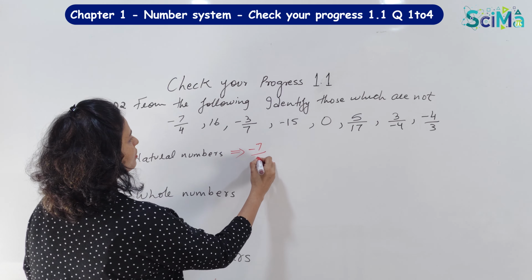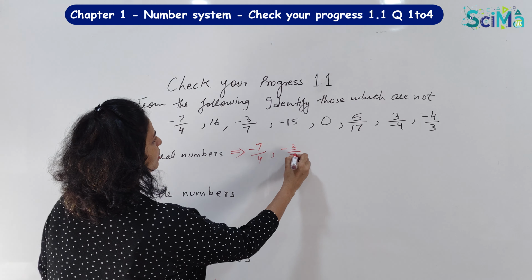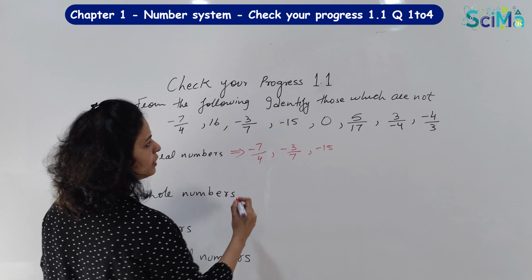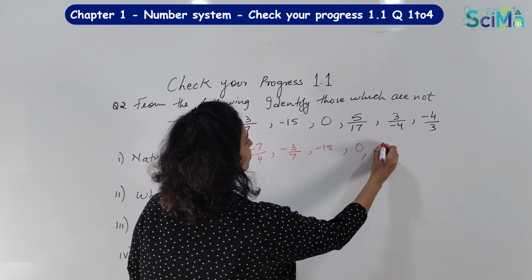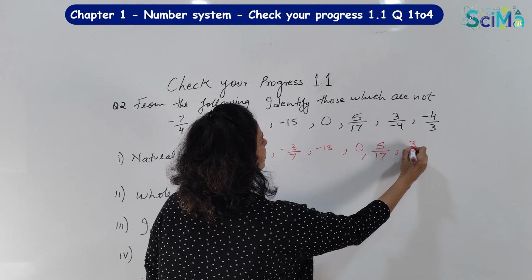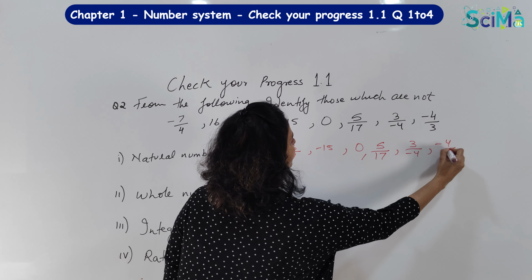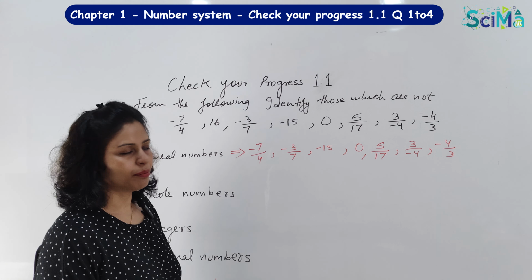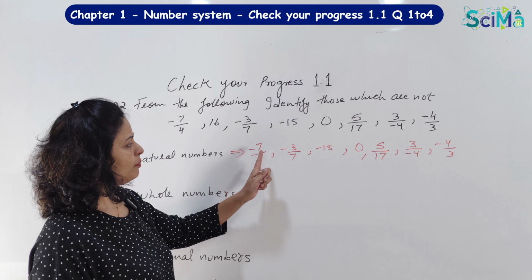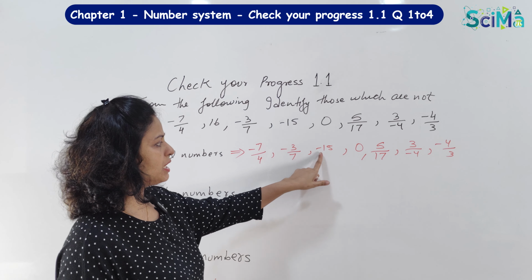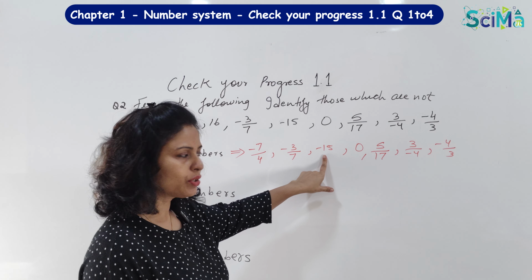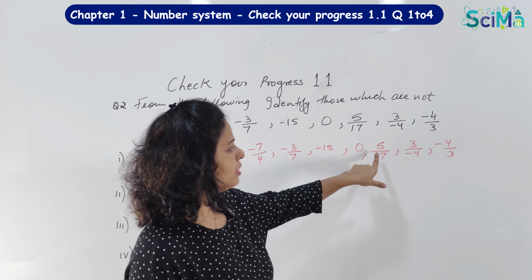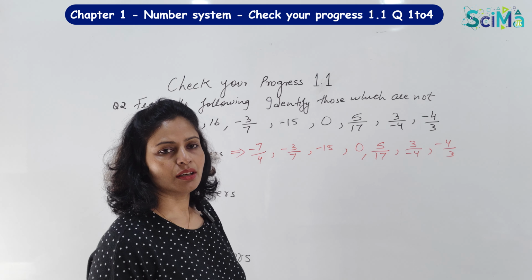Minus 7 by 4, minus 3 by 7, minus 15, 0, 5 by 7, 3 by minus 4 and minus 4 by 3. So these are all the numbers which are not natural numbers. Okay, so you can see this is in the p by q form. These are rational numbers. Minus 15 is a negative integer, also a rational number. 0 is a whole number. These are also all rational numbers.